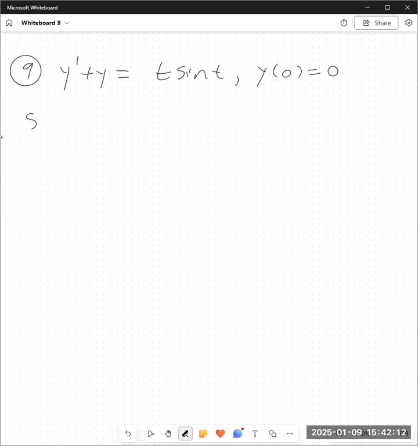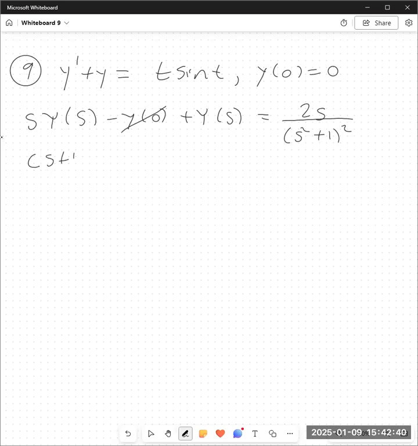So I have s capital Y of s minus y of 0 plus capital Y of s is equal to, and using your table of Laplace transforms, you can find that the Laplace transform of t sine of t is 2s over s squared plus 1 quantity squared. This is 0.